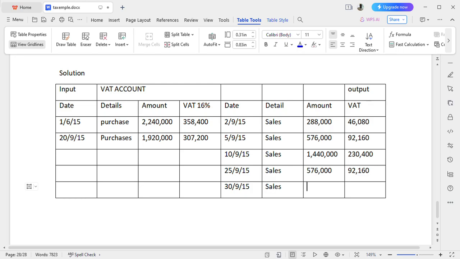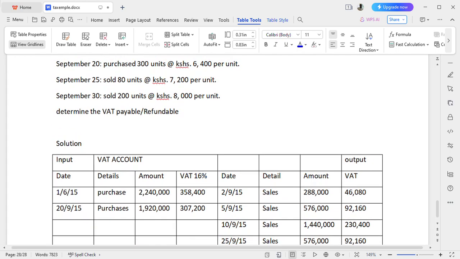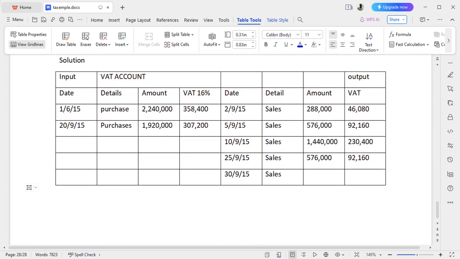So he sold 200 units at 8,000, which is 1,600,000. Then we get the VAT for that amount, which is 256,000.